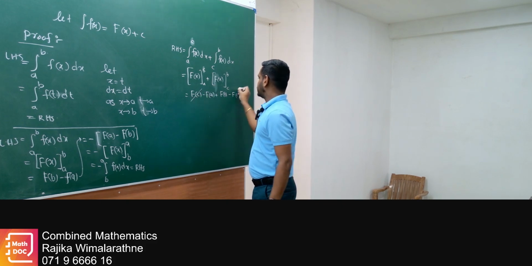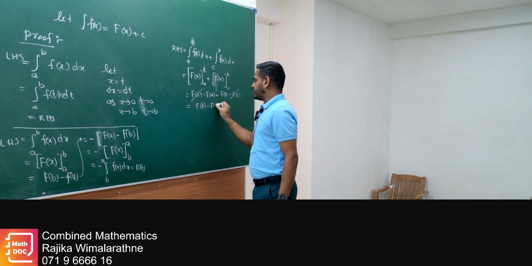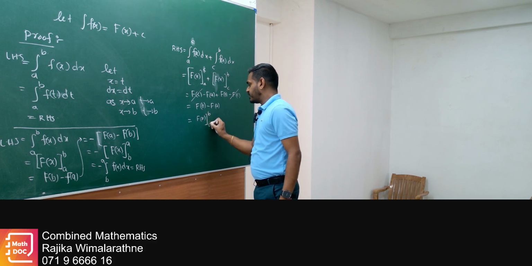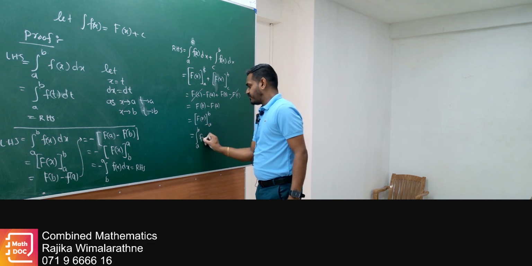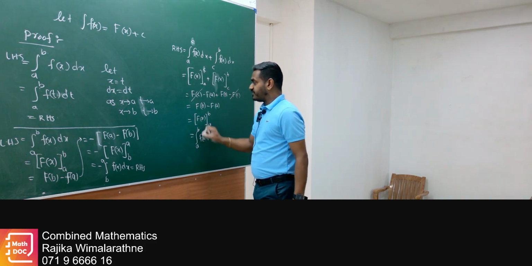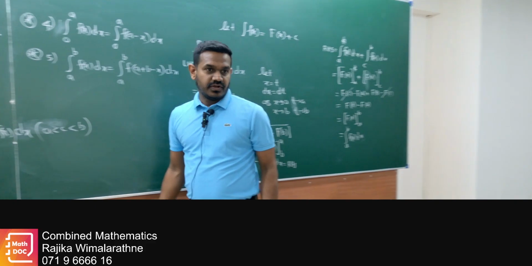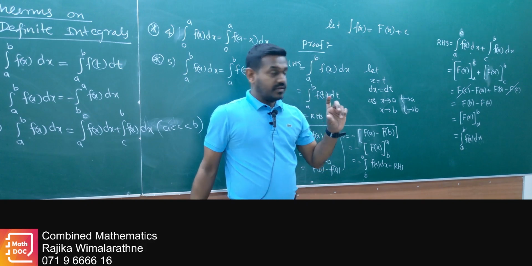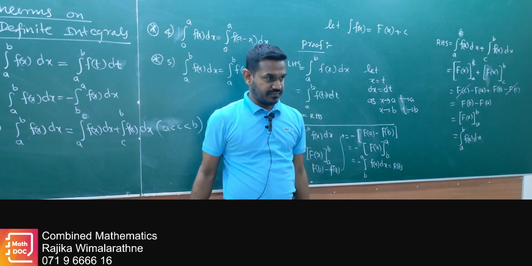Then cancel F(c). Then F(b) minus F(a). Now you reverse this. Then F(x) with upper boundary b, lower boundary a. Then reverse, a to b f(x) dx. Then a to b f(x) dx equals a to c f(x) dx plus c to b f(x) dx. That theorem is used to integrate piecewise functions, modulus functions. Those are where we apply this. Okay. Write them.